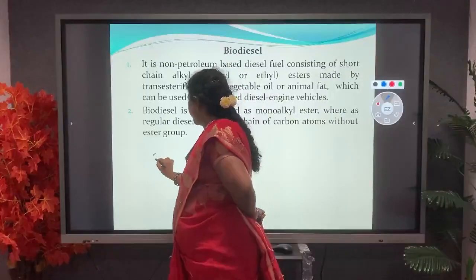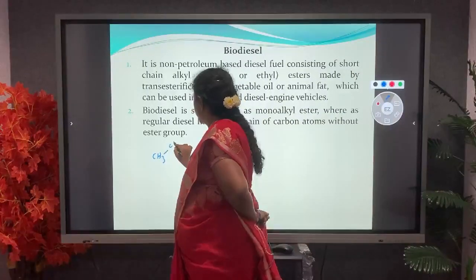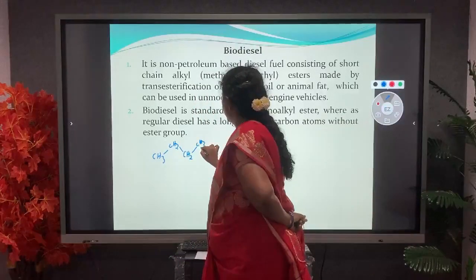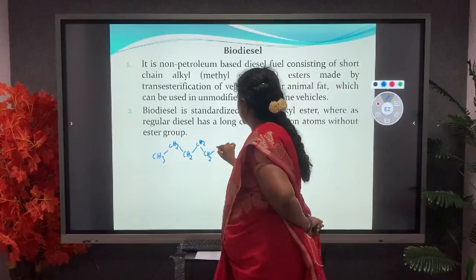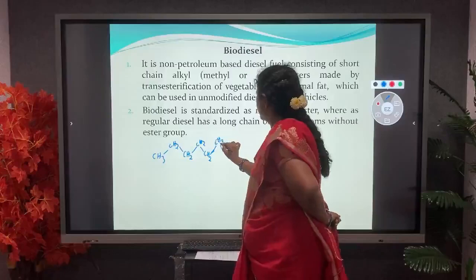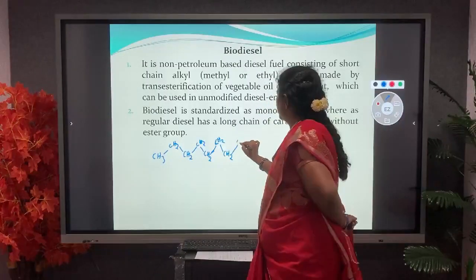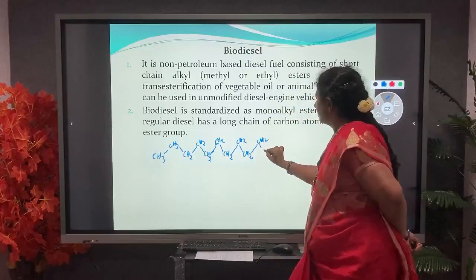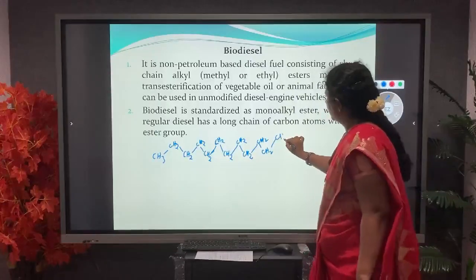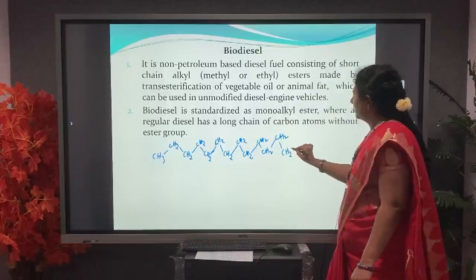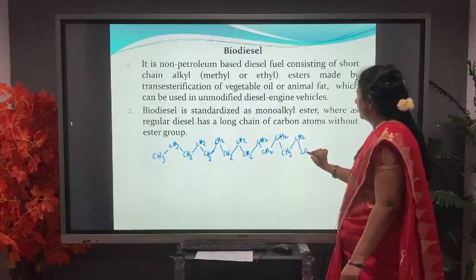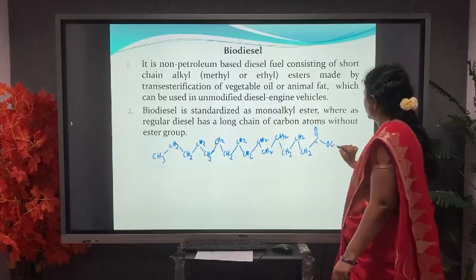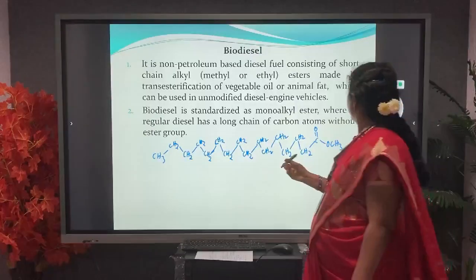So, coming to the structure of biodiesel. This is the structure of biodiesel.